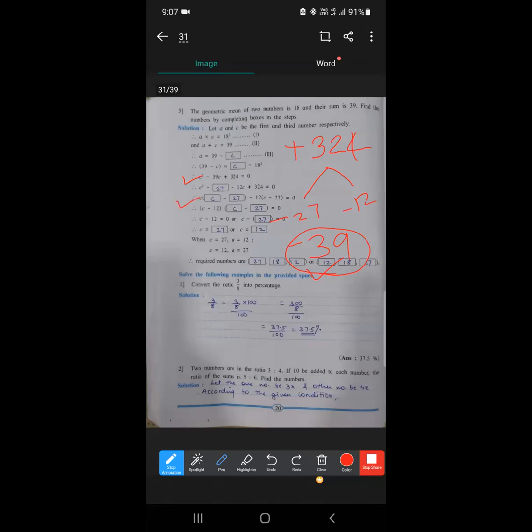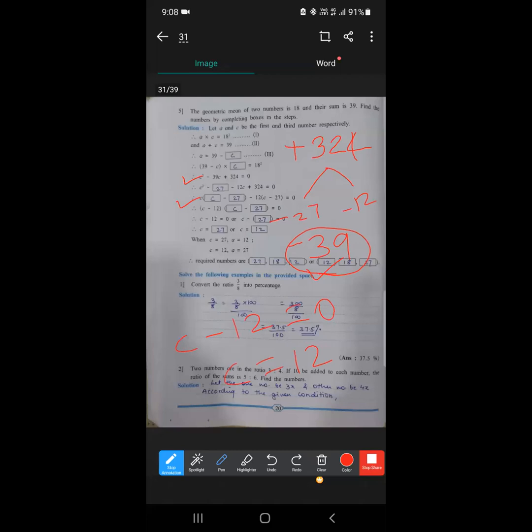Now in this step, what is common? That is the C minus 27 will come in the bracket and C minus 12. So C minus 12 is equal to 0, or C minus 27 is equal to 0. So C minus 12 equals to 0, that means what? C is equal to 12, and C minus 27 is equal to 0, that means C is equal to 27.